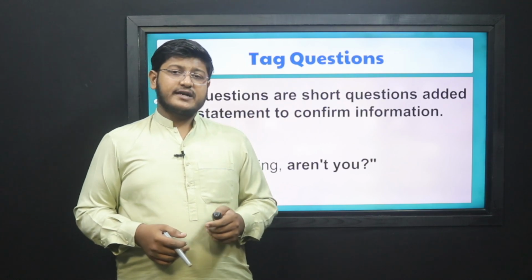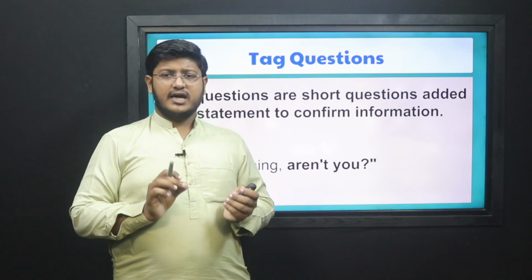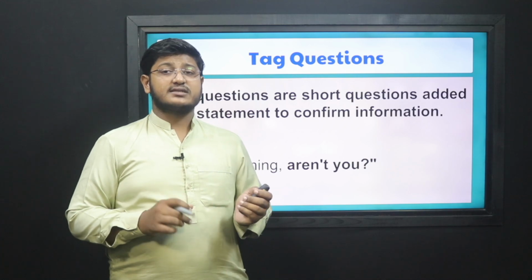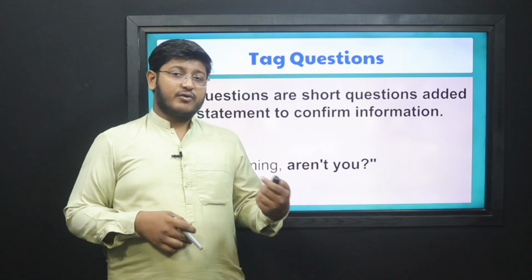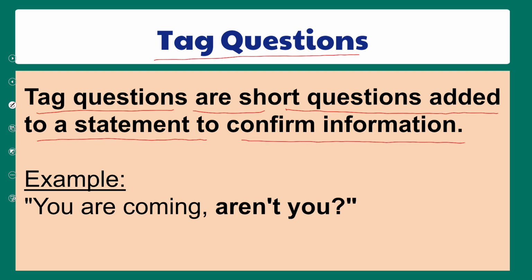So let's find out. There is another type of question, a very small or tiny type of question, which is considered as question tags. So what are question tags? Tag questions or question tags are short questions added to a statement to confirm information, for example, you are coming, aren't you?